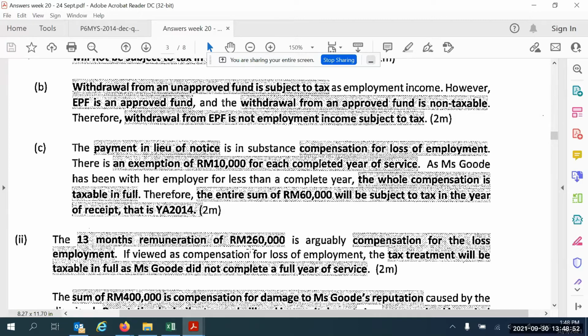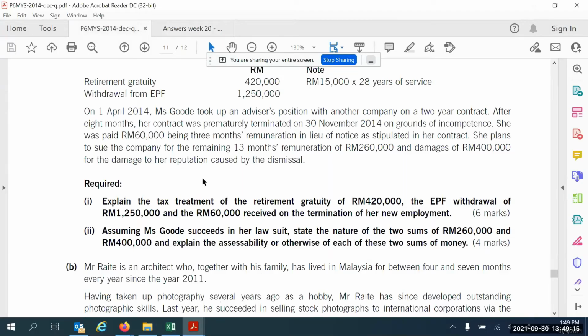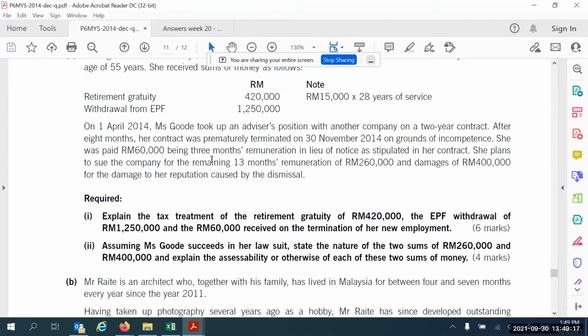So you need to look at gratuity or compensation for loss of employment. If it's compensation for loss of employment, it's still taxable in full because she only worked for 8 months.